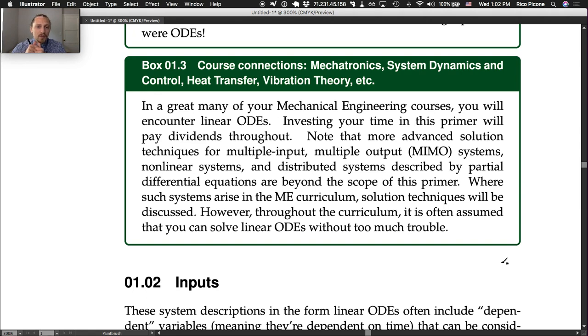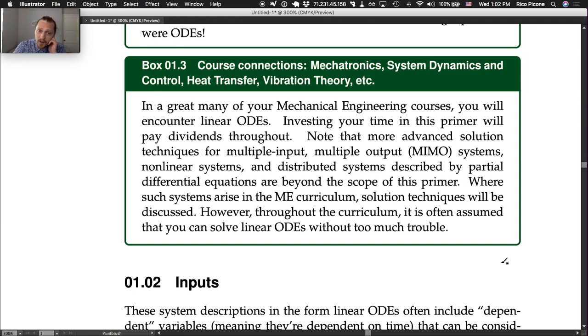Where such systems arise in the ME curriculum, solution techniques will be discussed. However, throughout the curriculum, it is often assumed that you can solve linear ODEs without too much trouble. So that's the purpose of this primer. When you come up to a PDE or a nonlinear problem, that's going to require further discussion in the class.